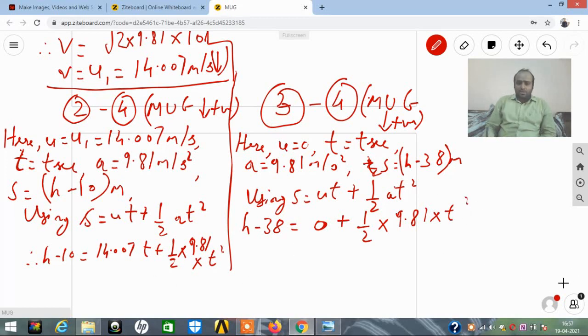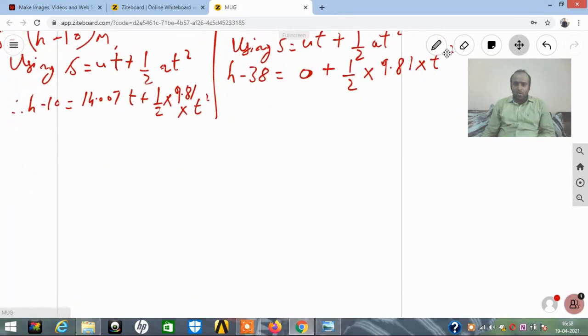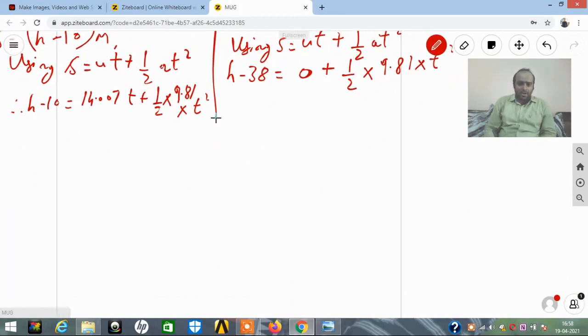So just check both the equations, dear friends. You will be solving them simultaneously.